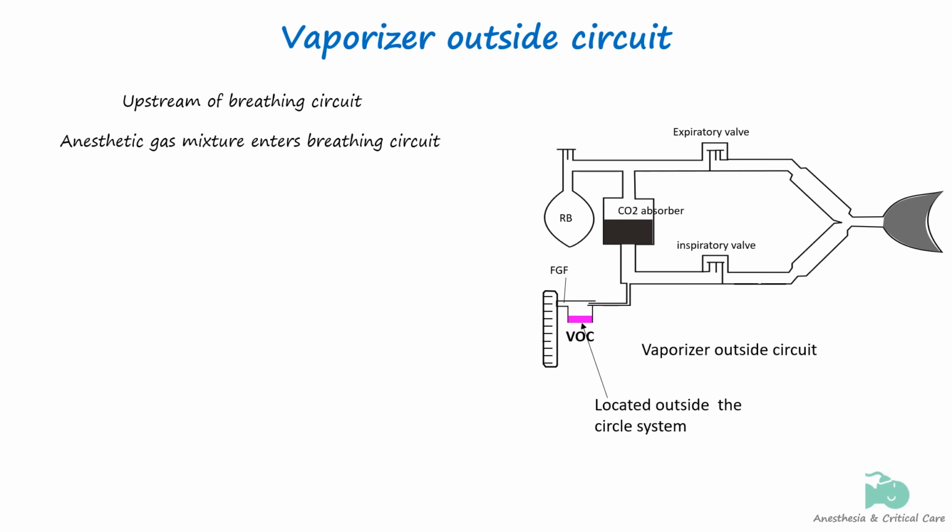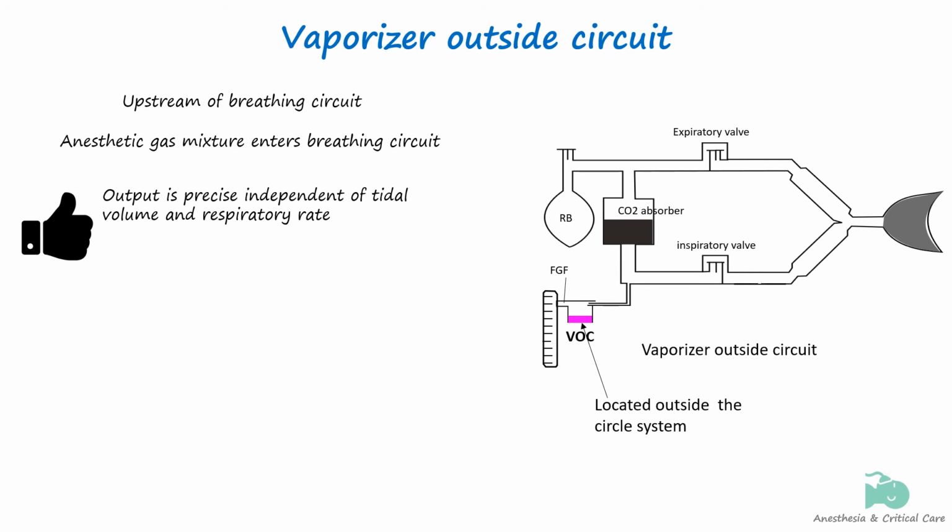The vaporizer outside circuit provides more consistent and precise control over the concentration of anesthetic gases delivered to the patient. It is less affected by changes in ventilation parameters, ensuring a more stable delivery of anesthetic concentration. Its location outside the breathing circuit significantly reduces the resistance to flow within the circuit.